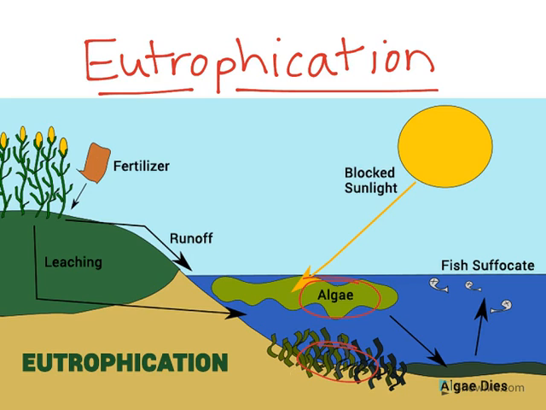The decay of these plants by microorganisms like bacteria takes all the oxygen out of the water, and so animals like fish and others die off through lack of oxygen, and that's basically the effects of eutrophication.